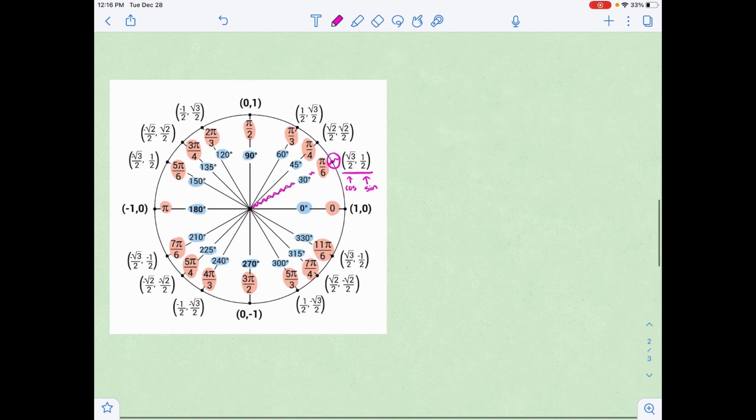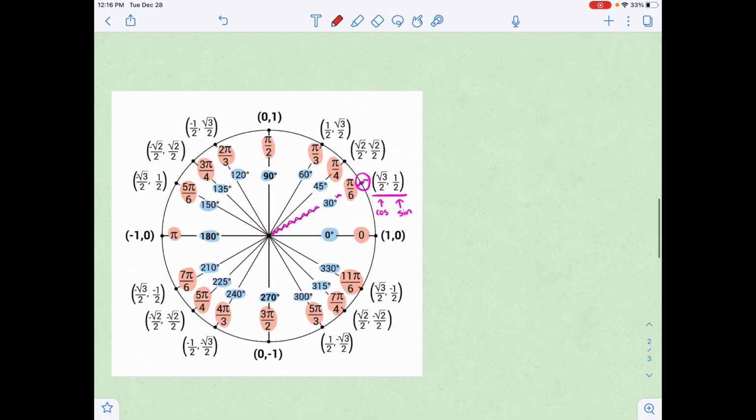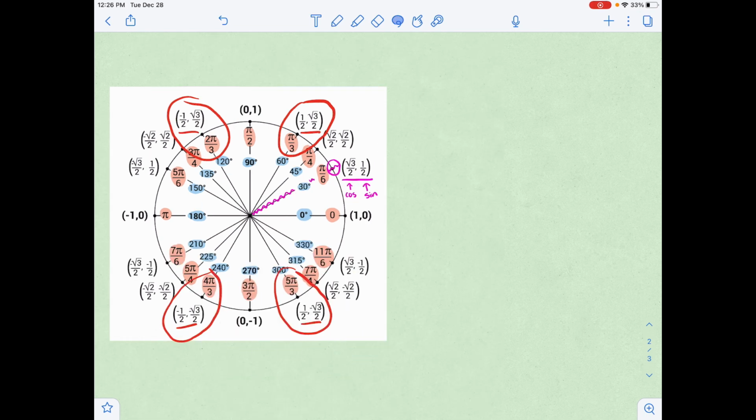So let's take all of the angles with a denominator of 3, and let's circle that in red. So pi over 3, 2 pi over 3, 4 pi over 3, and 5 pi over 3 all have a denominator of 3. And all these points are the same, but they have different signs.